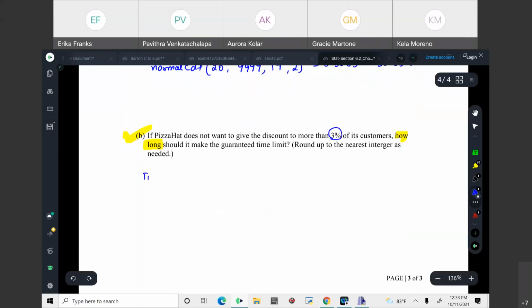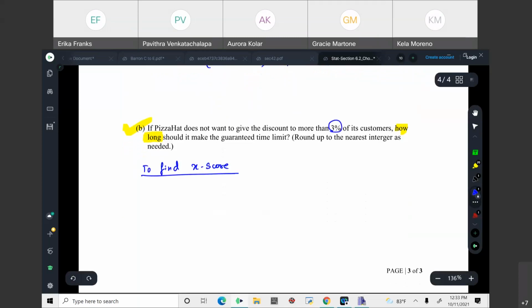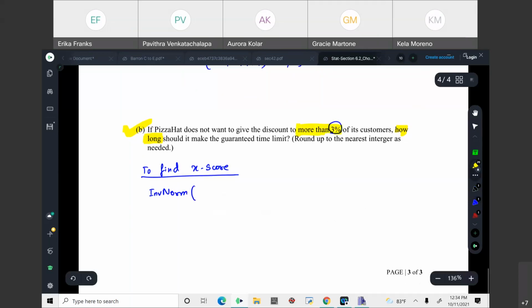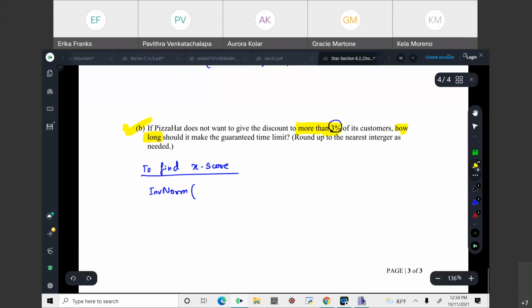Okay, how do you find the X score? Inverse norm, and you have to write the area, 3%, right?